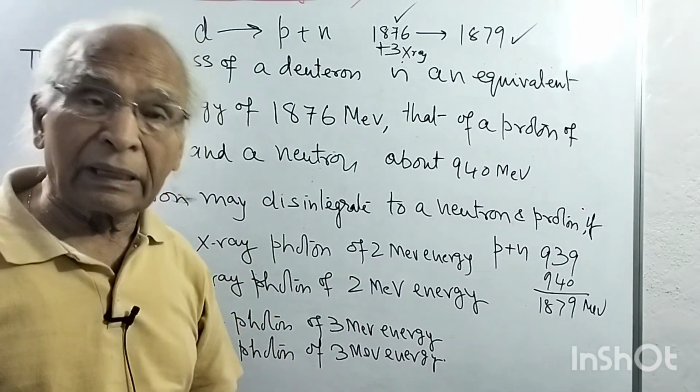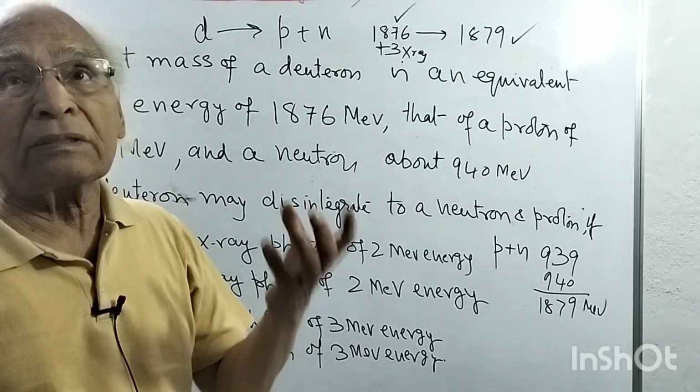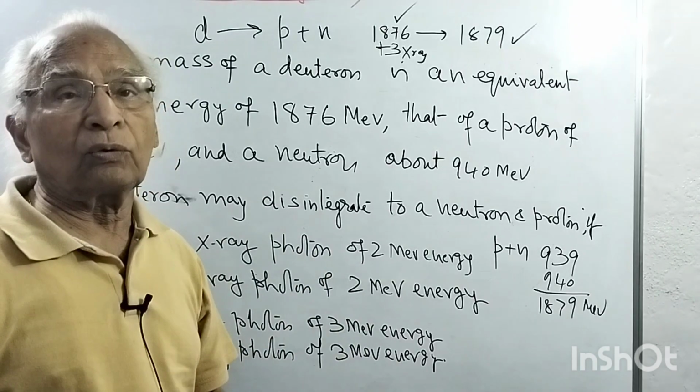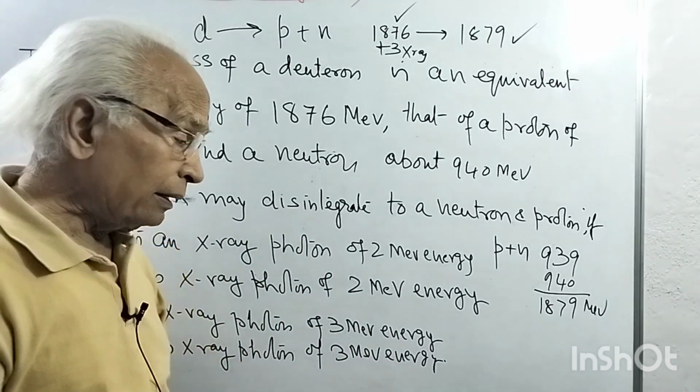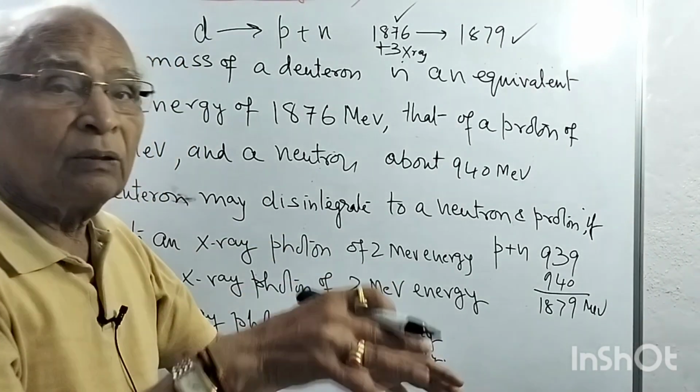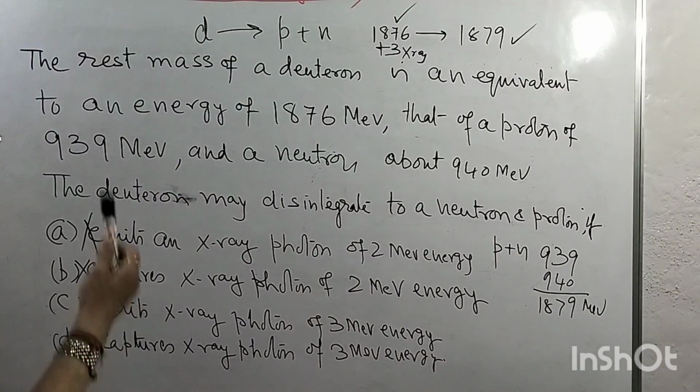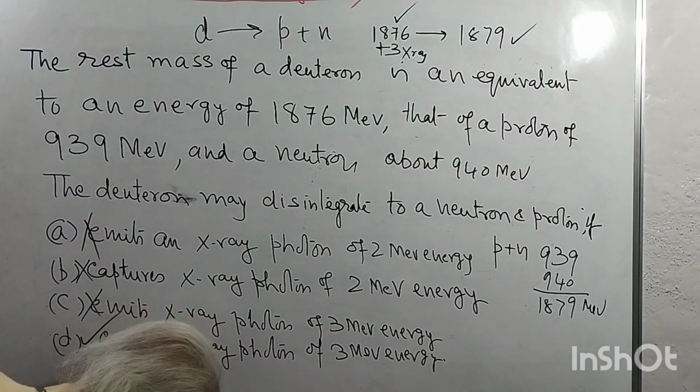So deuteron can disintegrate to its constituents, one proton and one neutron, provided 3 MeV energy is pumped into the deuteron. So this part of the answer is obviously correct. And the other three parts are wrong.